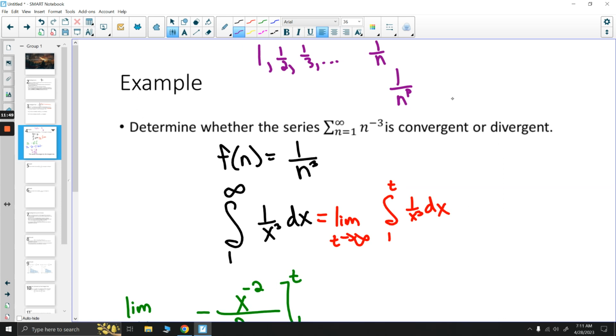But it could be any power we want, as long as p is generally considered a positive value. So 1/2 would also be a p-series. So 1 over n to the 1/2 is also a p-series. It's basically 1 over n to some power. It's not like we couldn't have 1 over n to the -2, which would be n squared, but we usually don't call this a p-series.